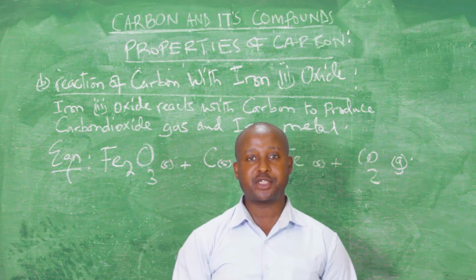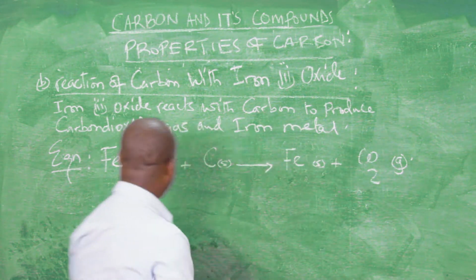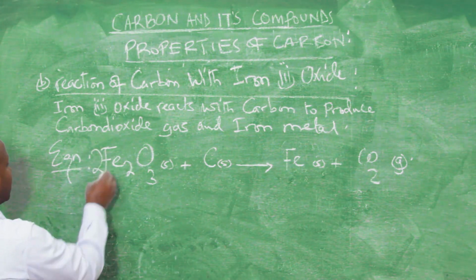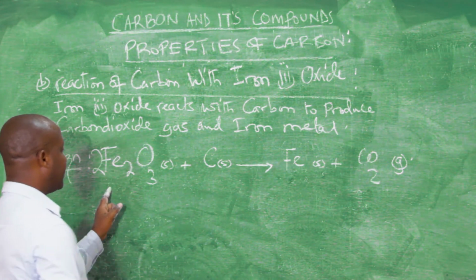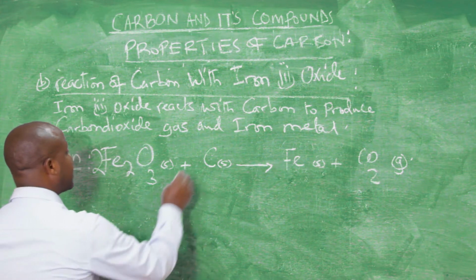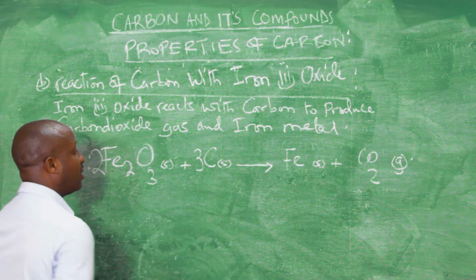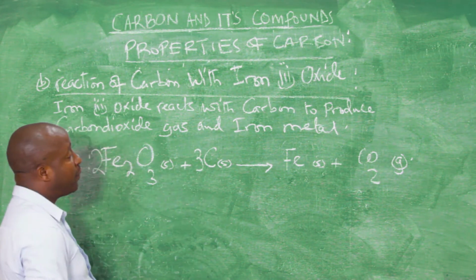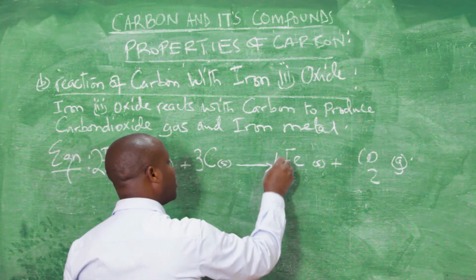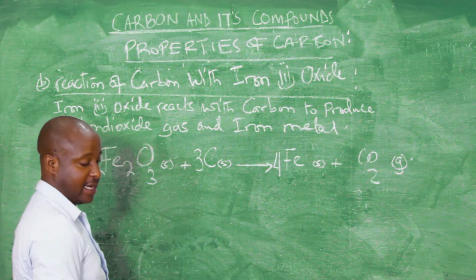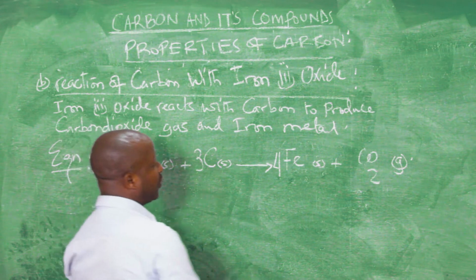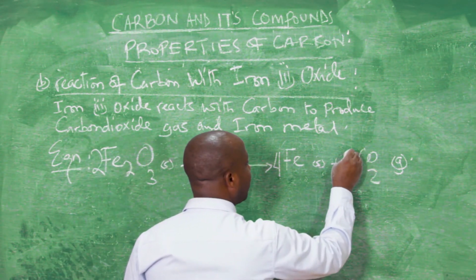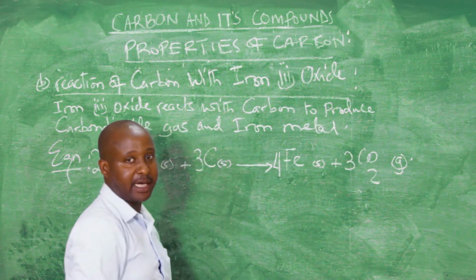Let's have this equation balanced. We shall have 2 moles of iron 3 oxide reacting with 3 moles of carbon to produce 4 moles of iron and 3 moles of carbon dioxide.